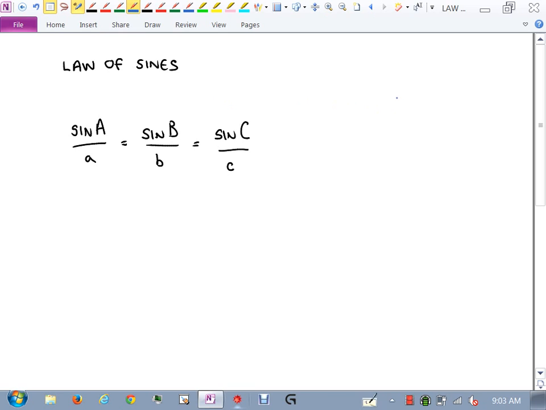It said that if we have a triangle, and it didn't matter what kind of triangle it was, as long as it lived on a flat sheet of paper, then if we labeled the angles A, B, C, and the sides opposite those angles little a, little b, little c, then these ratios would always hold true. And that's what the law of sines said.